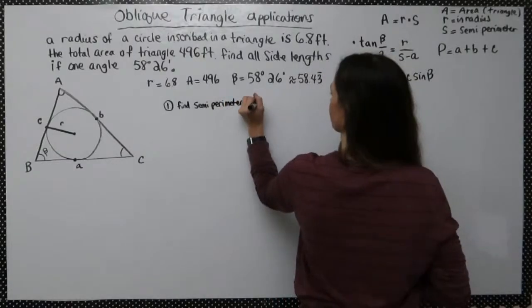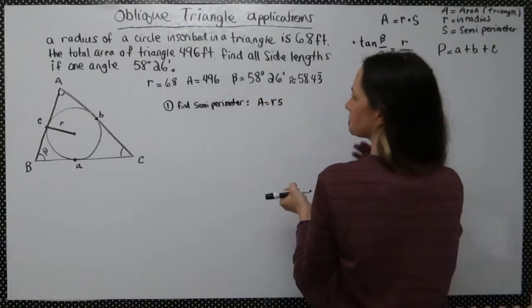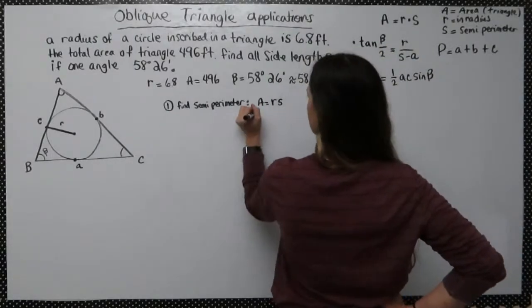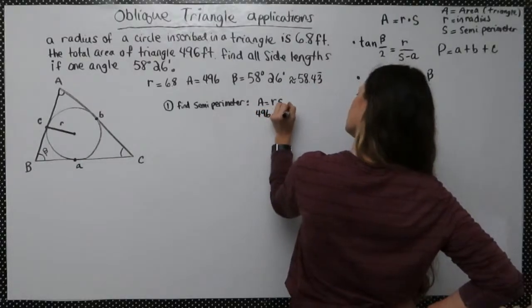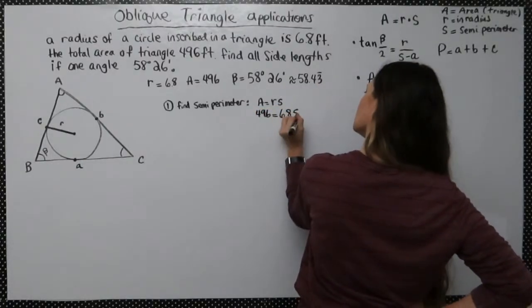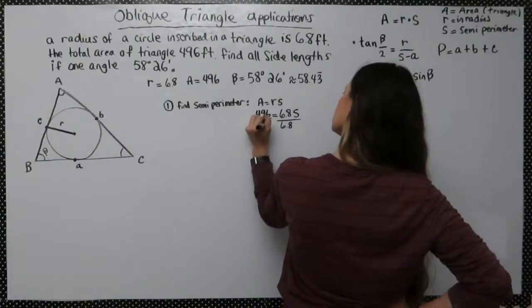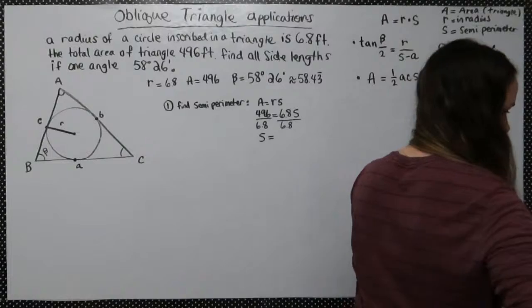And we have A equals RS. So A is 496. So we're going to say 496 equals 6.8, which is the radius, times S. Divide off the 6.8. And you have S equals 496 divided by 6.8.